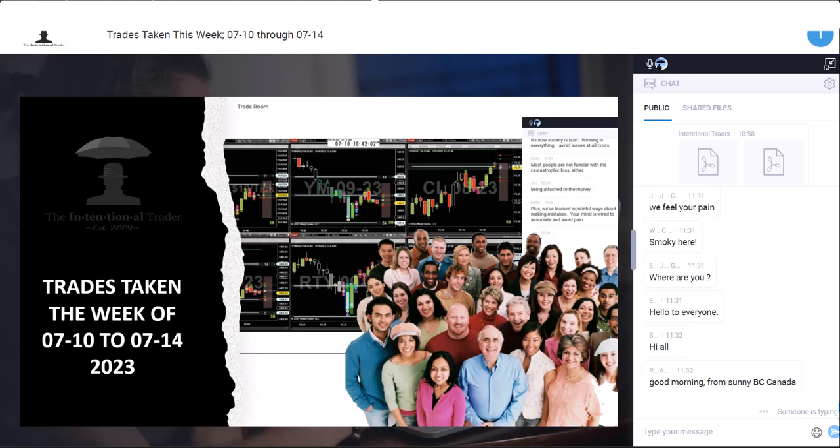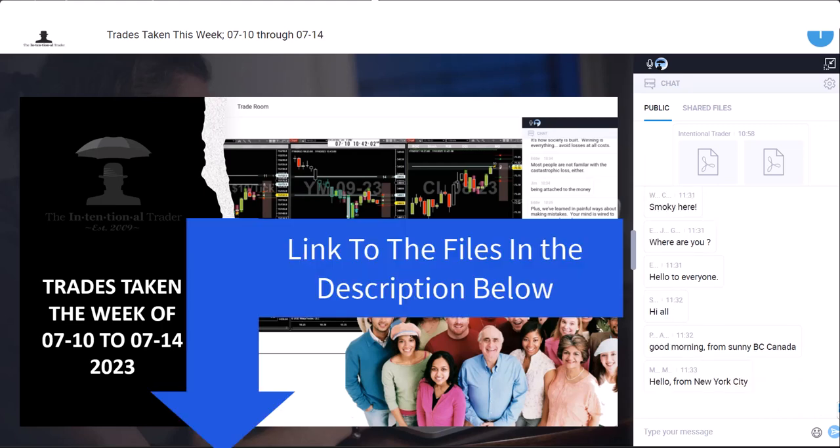The first thing I want to tell you is that you may notice up at the top of the chat, there are two files. You can download those files and save them for later or use them for reference as we go through things today. One of them is our Quick Start Guide, and we're going to go through that right now, before I start showing you the trades we took this week.